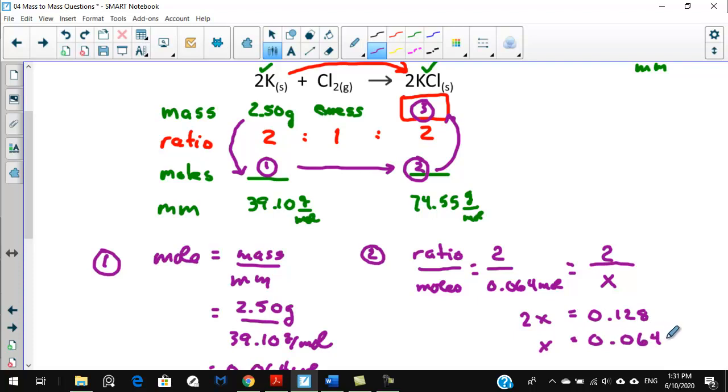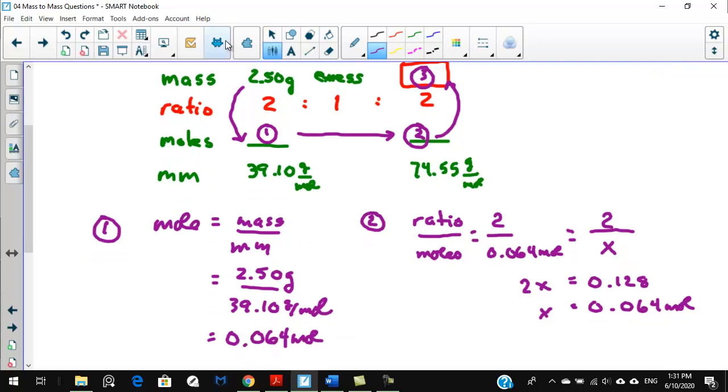So we've proven mathematically what some of you probably were able to do in your head: because this is 1-to-1 or 2-to-2, if we have 0.064 moles of the first column, we have the equivalent amount in the second column. Now occasionally, and quite often actually, the ratio numbers here will not be the same.